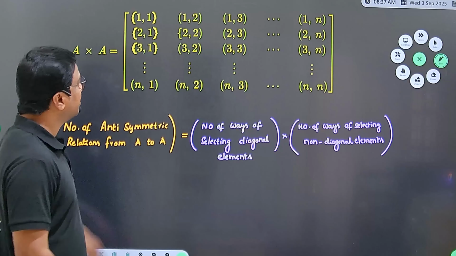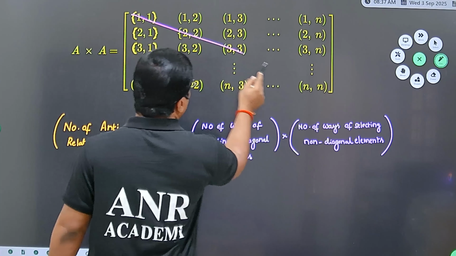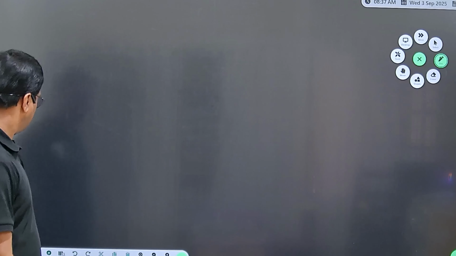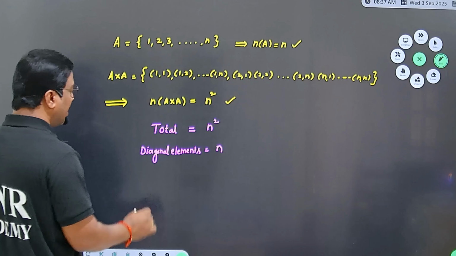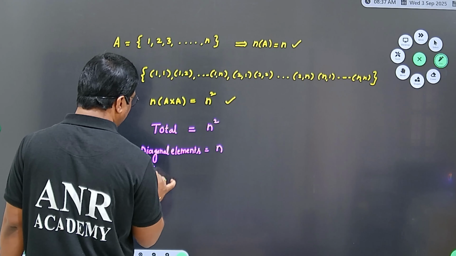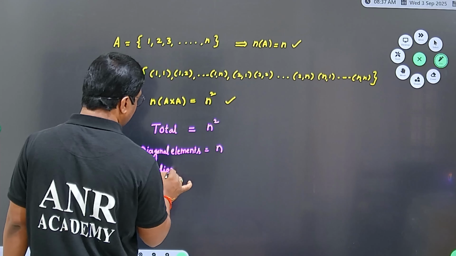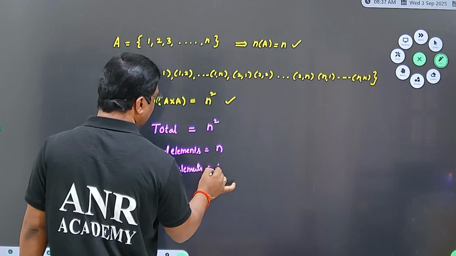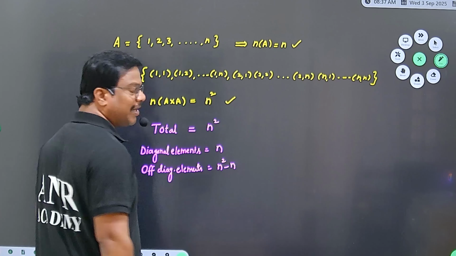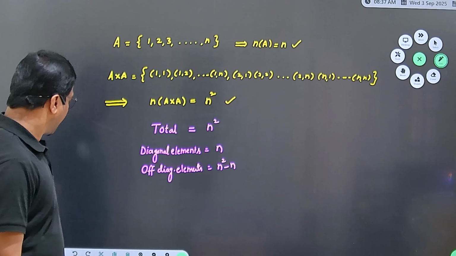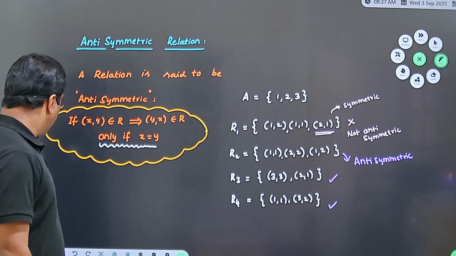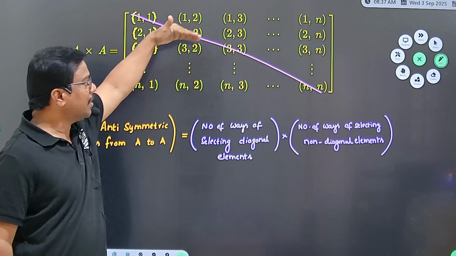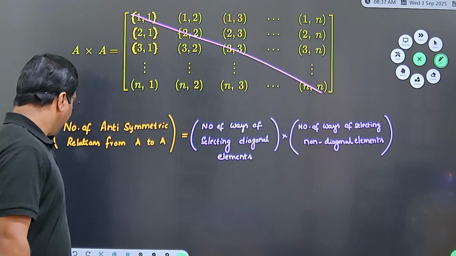See the matrix. These are all diagonal entries, principal diagonal entries. Next, non-diagonal or off-diagonal elements. Here, off-diagonal elements are the remaining all, n square minus n. And off-diagonals are divided into two portions, upper half portion and lower half portion.